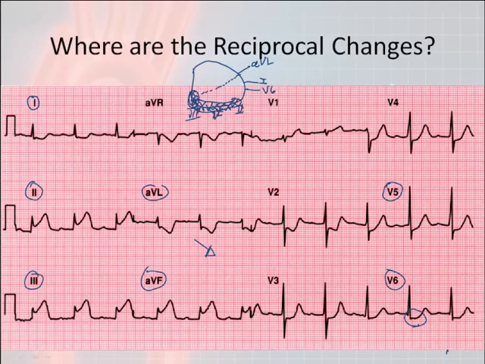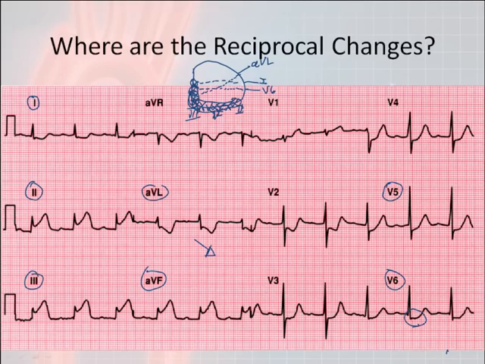So they don't actually look at the exact same area of the heart. They look a little bit different. So V6 reciprocally looks right here. Lead 1 reciprocally looks right here. Now all of a sudden, we're not just having an inferior wall MI anymore, are we? We're actually having a right lateral wall MI as well.